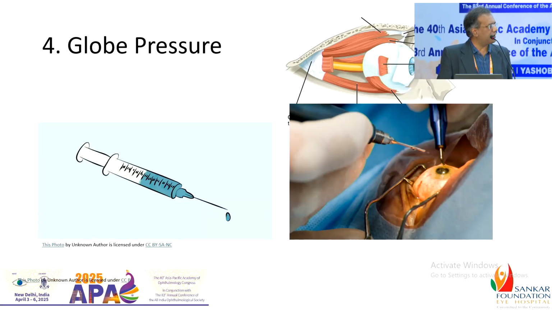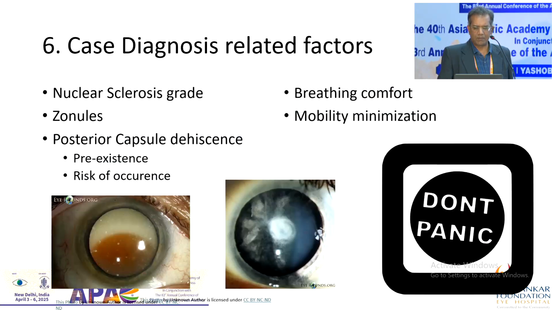And some of the important parameters can be offset by what is happening outside the globe. So we have to be aware of the globe pressure and whether the block is good, whether the speculum is in good position, whether it is tight and causing the problems that we are facing. And what we do has to be taking into consideration the nuclear sclerosis grade, the zonules, and the risks related to the capsule.